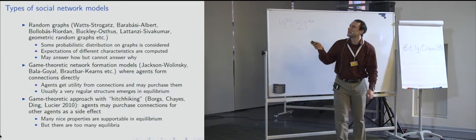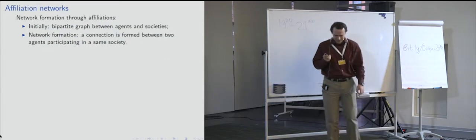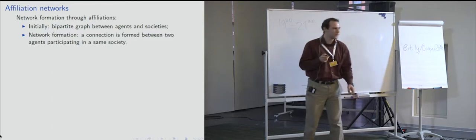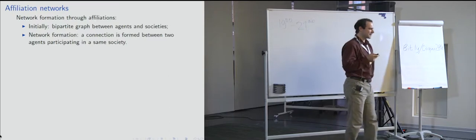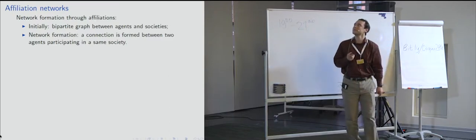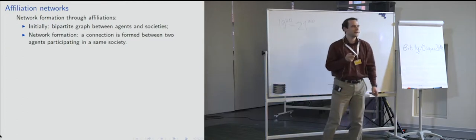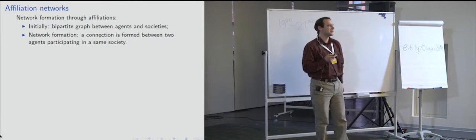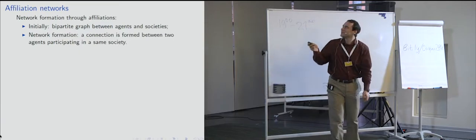Okay, so now let me specify. There is one notion called affiliation networks, and this is connected to the Hitchhiker model. An affiliation network is the following. Initially, there is a bipartite graph between agents and activities, like this.